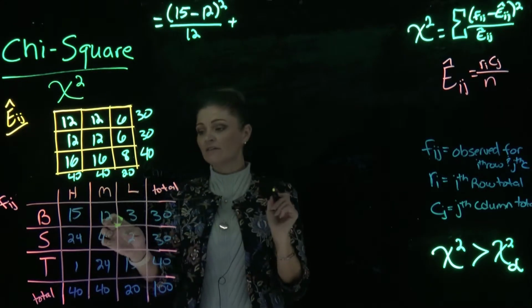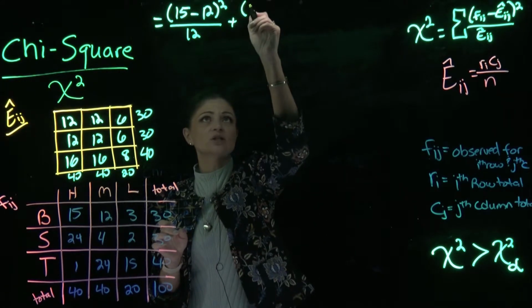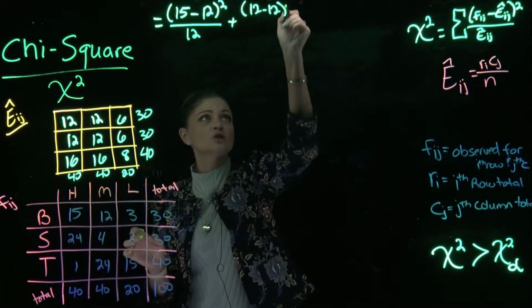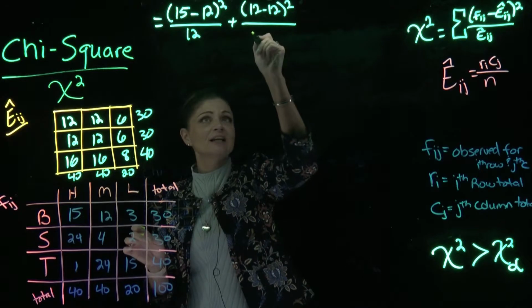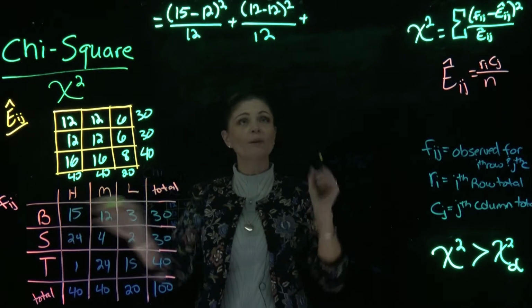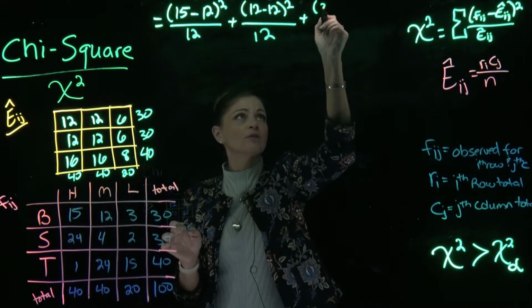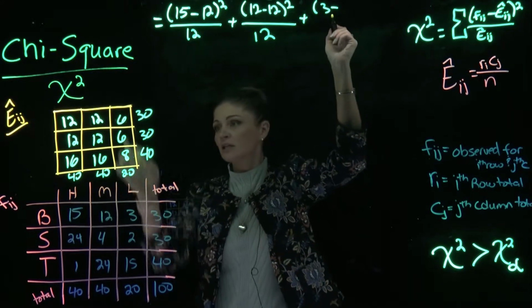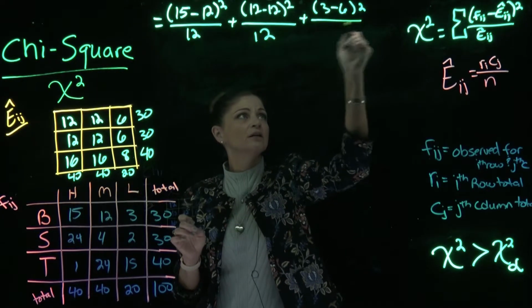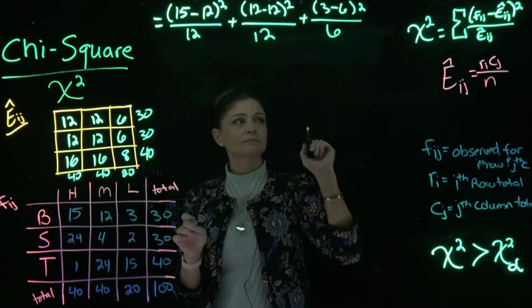We're going to add that for the next one, which is 12 minus 12 squared divided by 12. Repeat for our low bond, which will be 3 minus 6 squared divided by 6.